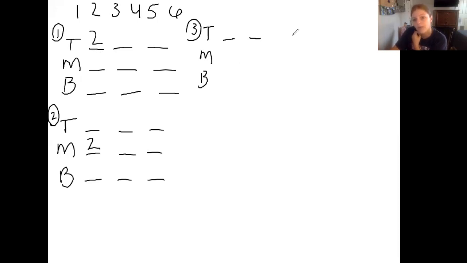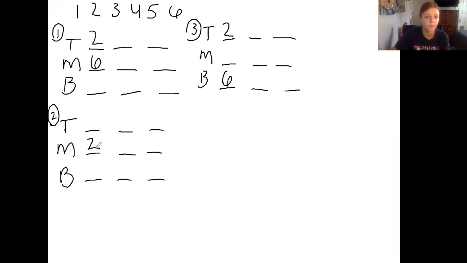You're going to copy it exactly over before you implement your number 6. And I'm going to put one where 6 is in the middle and one where 6 is at the bottom. I'm going to go to number 2, and I'm going to ask myself, where can 6 go? Well, 6 can only go in the bottom because 2 has to be at least 1 above it, right? So we're going to place 6 there.